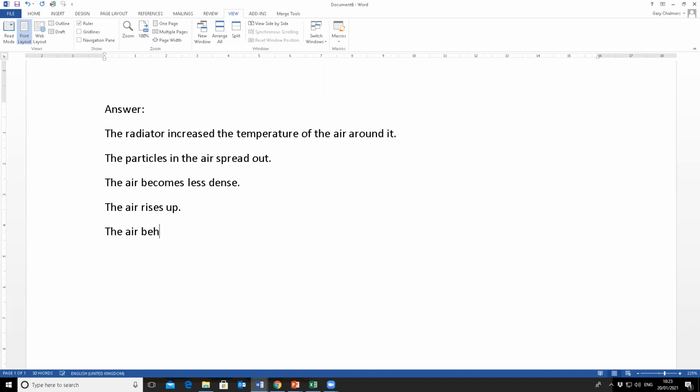The air behind it pushes the warm air across the room. Can you all see this text, by the way?